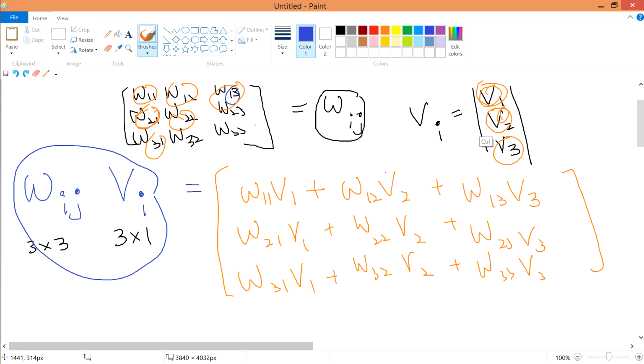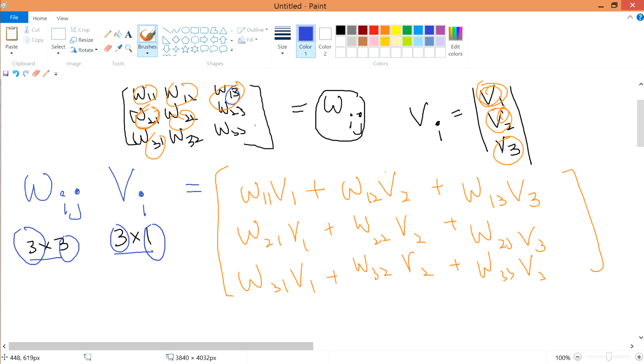So we have 3 times 3 and 3 times 1. The 3 and 3 are the same, so they cancel each other, and we are only left with 3 and 1, which is why I've written this over here. I hope this is pretty much clear. Let's continue with the matrix multiplications.